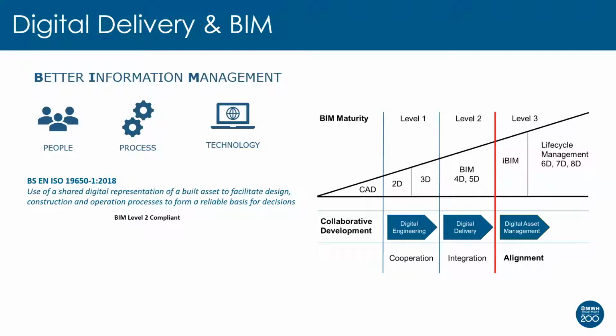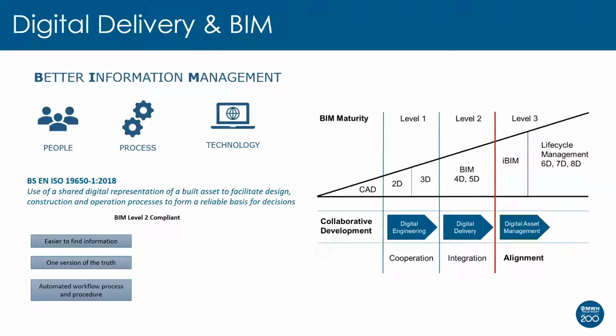So just a couple of points on BIM level 2. If you're BIM level 2 compliant, there's a few here that I'll just list. This is effectively what it means for you. So it's easier to find information. You've got one version of the truth. You've got automated workflow processes and procedures.